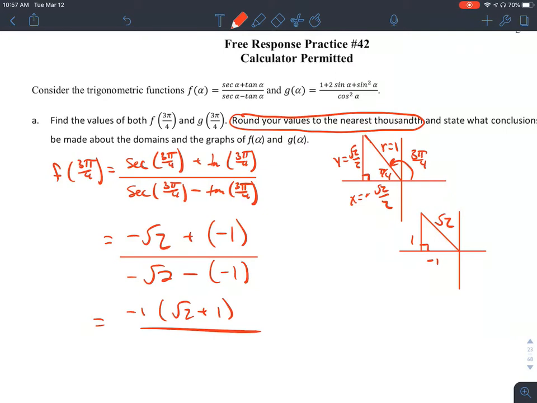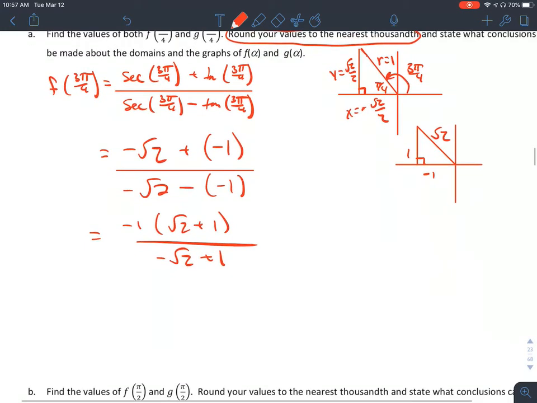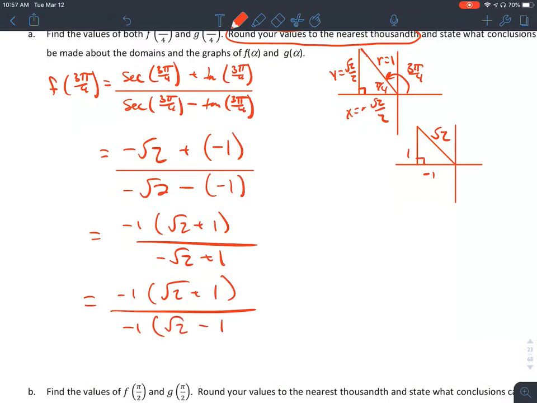On the bottom, that's going to be negative square root of 2 plus 1. If we factor negative 1 out of the bottom also, you're going to get square root of 2 minus 1, but you don't have to do that. So this ends up being square root of 2 plus 1 over square root of 2 minus 1. One way to write the answer.